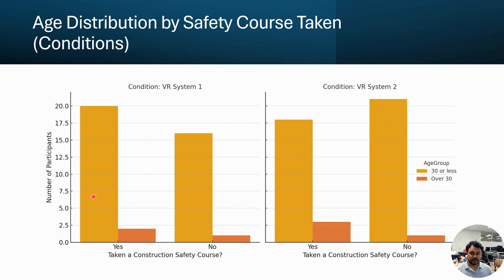But if you look closely, those who have taken the construction course or not are about 50-50, 56% and 44%. And here is 54% and 46%. So the percentages are not significantly different. They're around 50.